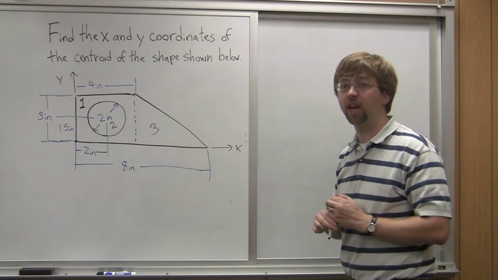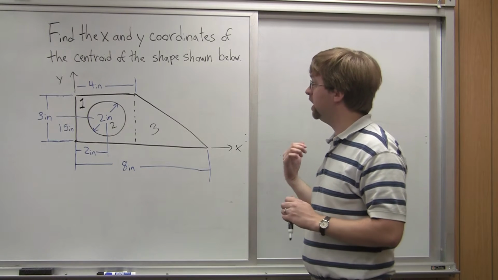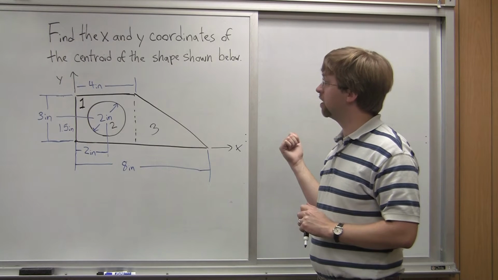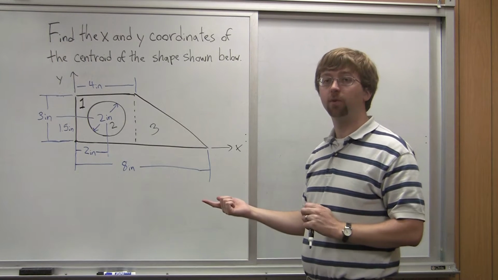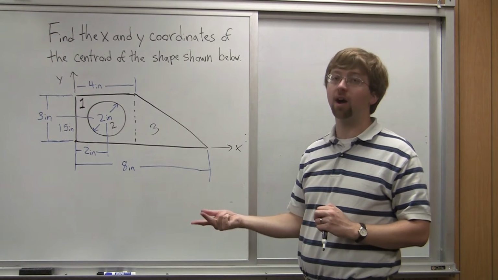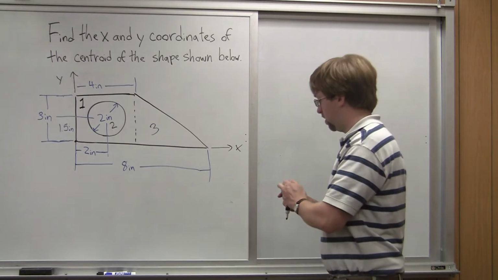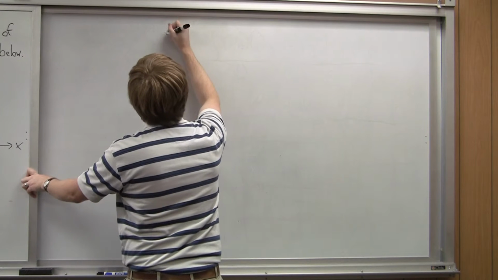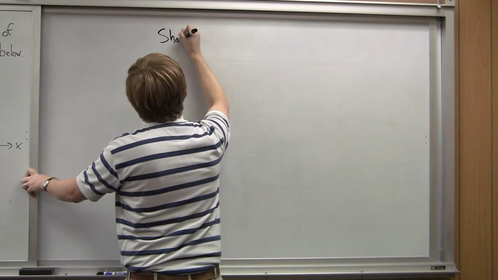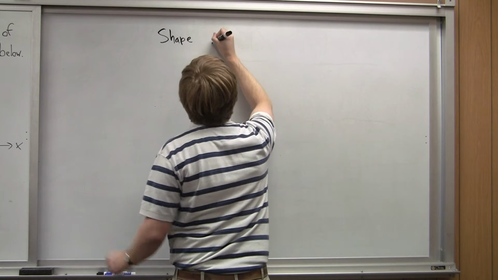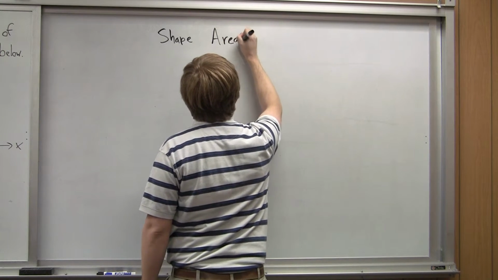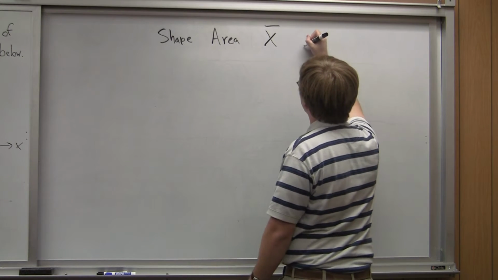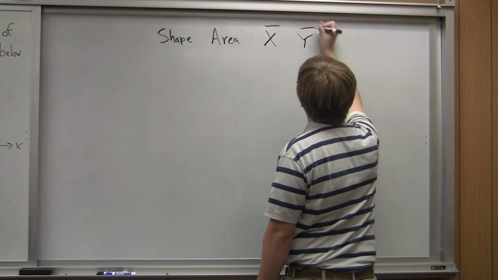So I need to create a table, and for each of these 3 shapes, I'm going to find the area, the x-coordinate for the centroid of that shape, and the y-coordinate for the centroid of that shape. So let's go ahead and create our table. I need the shape, the area, the x-coordinate for the centroid, and the y-coordinate for the centroid.